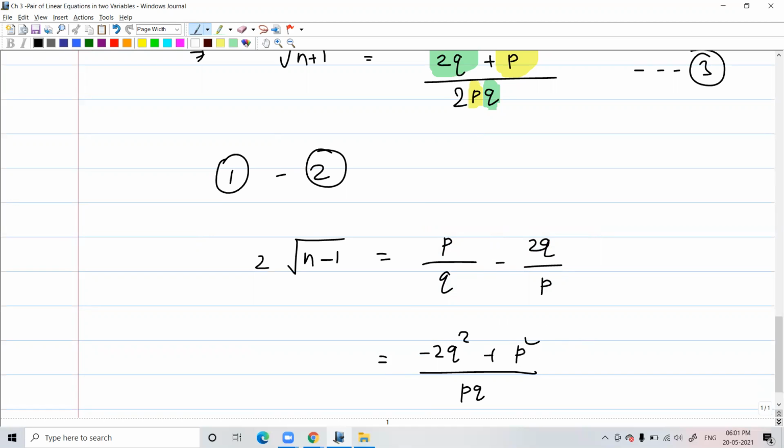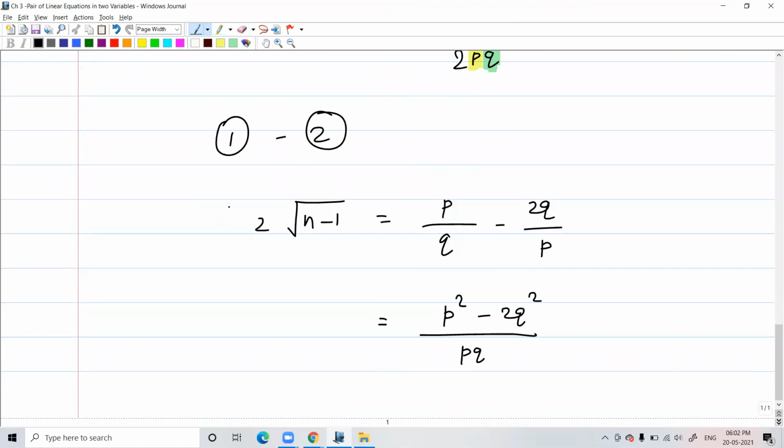This is the same thing as a plus b, just changing the order of addition. It doesn't matter. Since this one is positive, that's why I'm writing p square first and then 2q square. And again, sending the 2 to the denominator, it will become 2pq here. So this one I have got as square root of n minus 1.